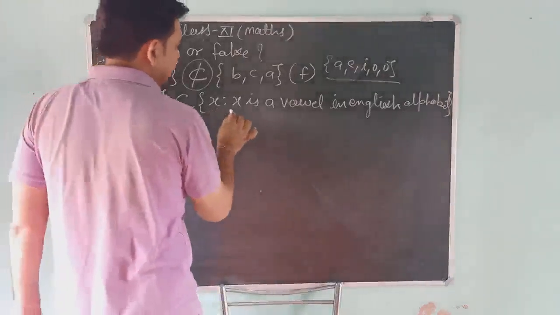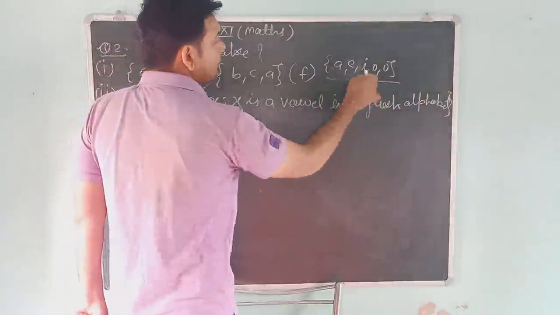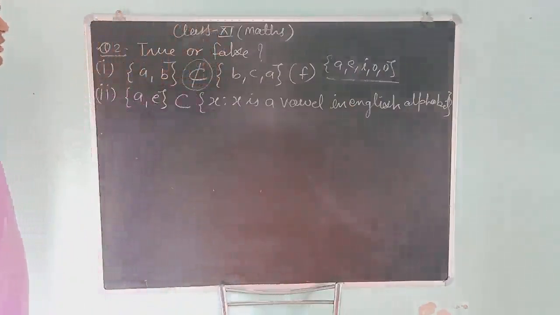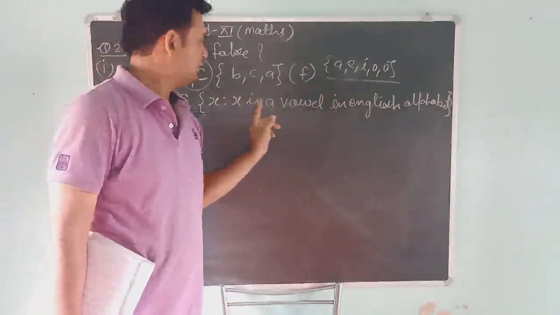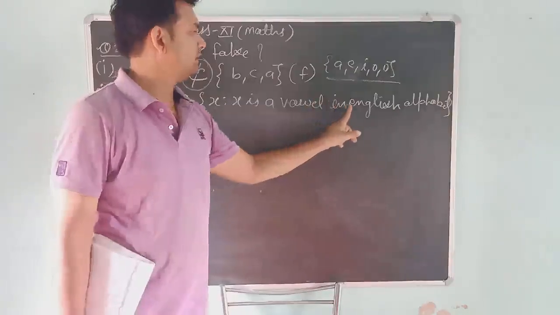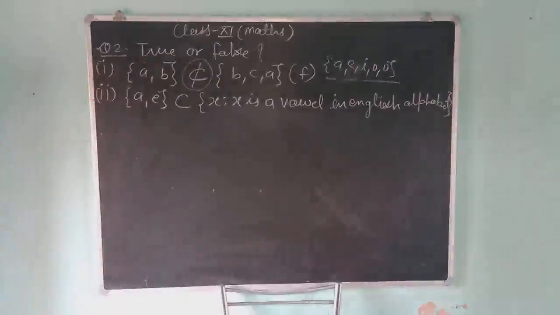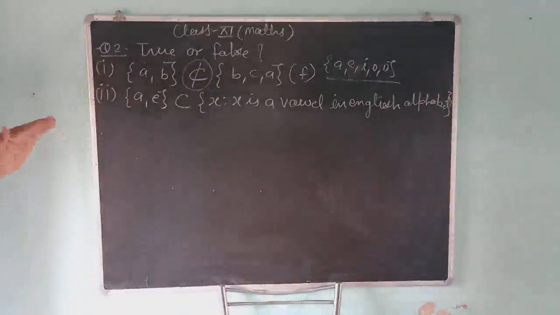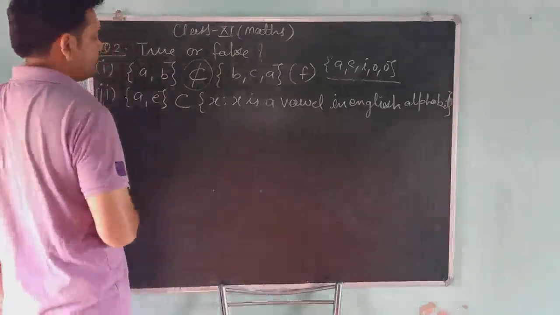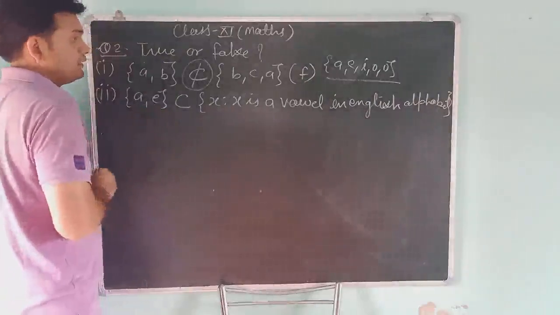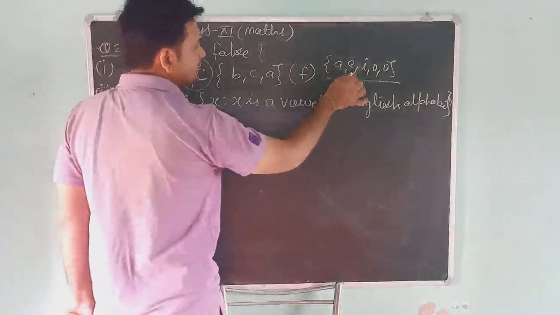So students, this set is in the set builder form, and this set is in the roster form. Both sets are equal. This is telling about vowels in the English alphabet, and this is also telling about vowels in the English alphabet. So both sets are the same, but the forms of the sets are different. That doesn't matter. Here we can see that A and E, both elements are situated in this set.